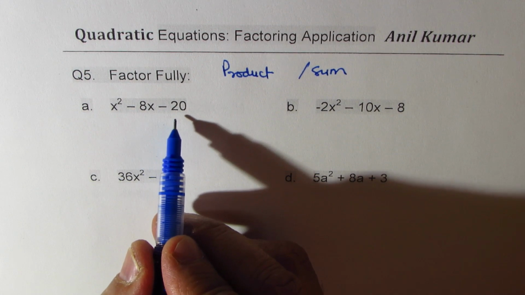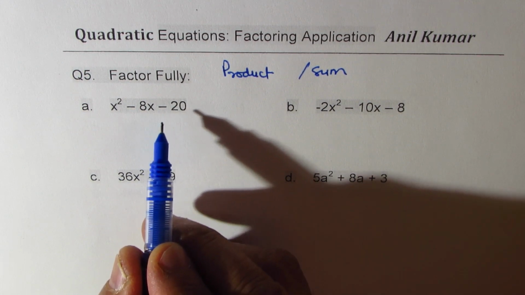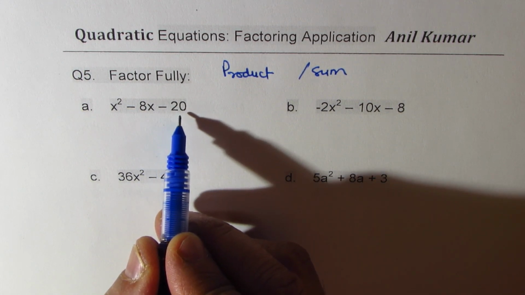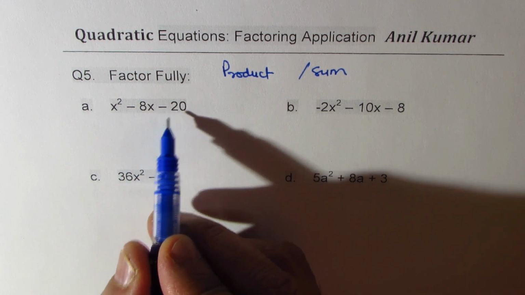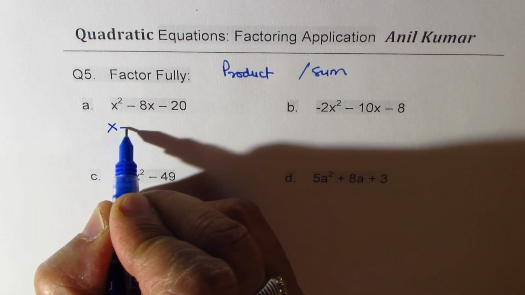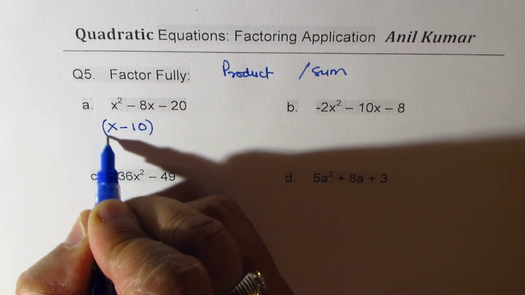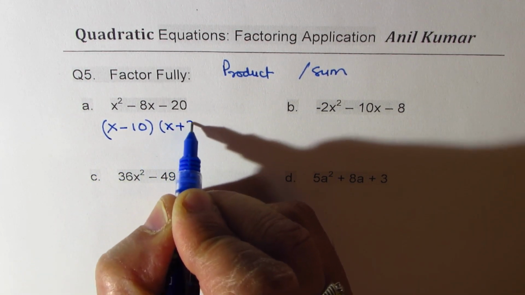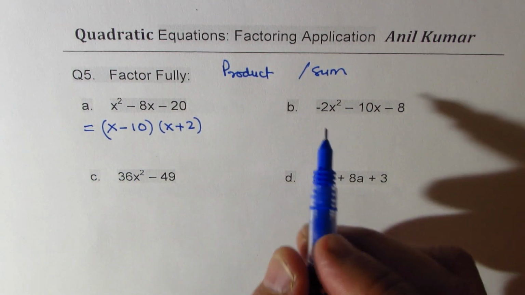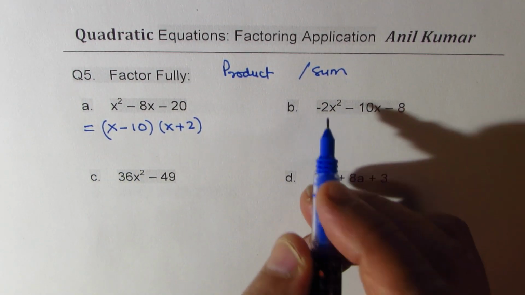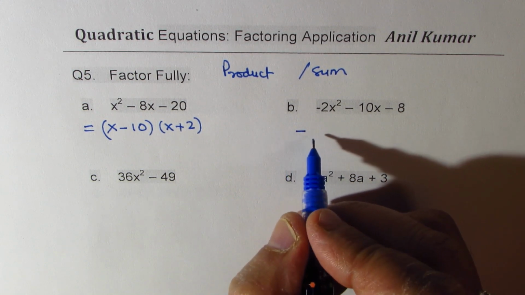Correct? So looking for two numbers whose product is minus 20 and sum is minus 8. So one is positive, one is negative. Of course, we'll do x minus 10 times x plus 2. Correct? So these two numbers satisfy. Here we have minus. So first step is take minus common.